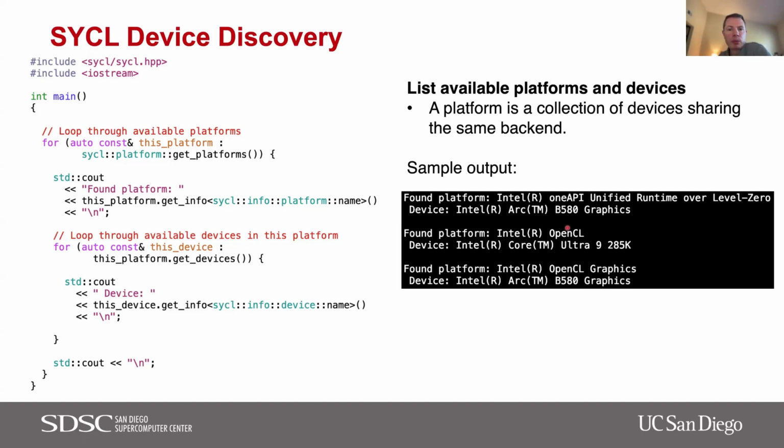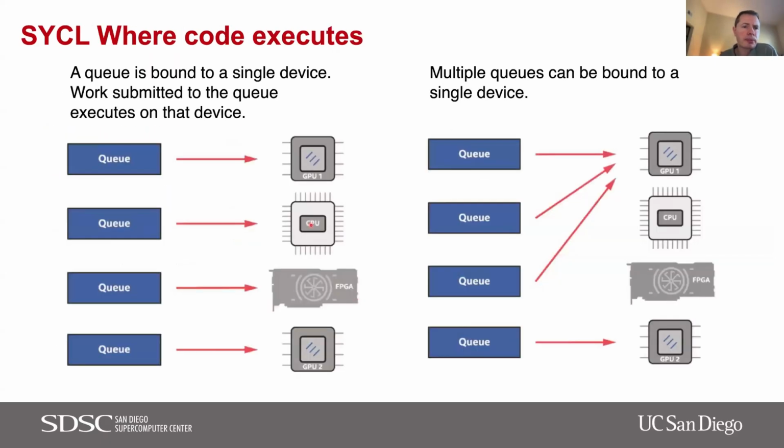It also found an OpenCL backend, and you can use the OpenCL backend to run on the CPU. In this case, it's an Intel Core Ultra 9 CPU, or you can also run via OpenCL on the graphics card. And so you have these functions available for device discovery.